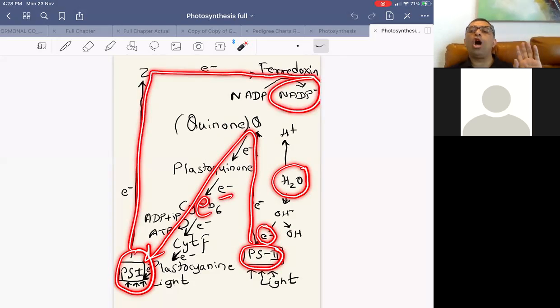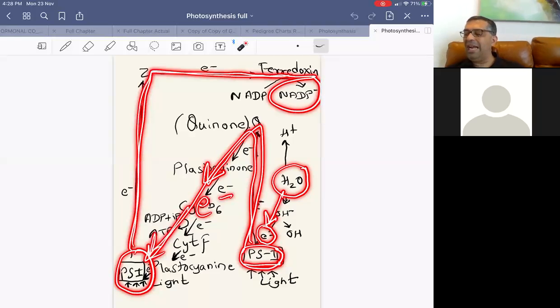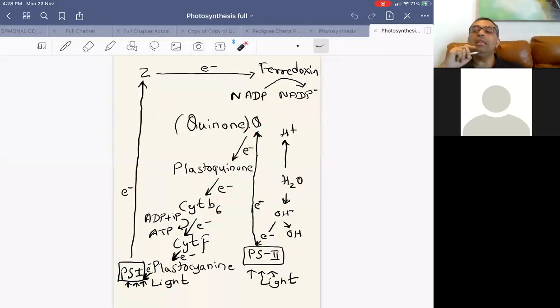Pura process non-cyclic. Once again, where has electron gone from? Water electron has gone to PS2, PS2 electron has gone to PS1, and PS1 electron has gone to NADP, which has retained the electron. This was called one non-cyclic process.